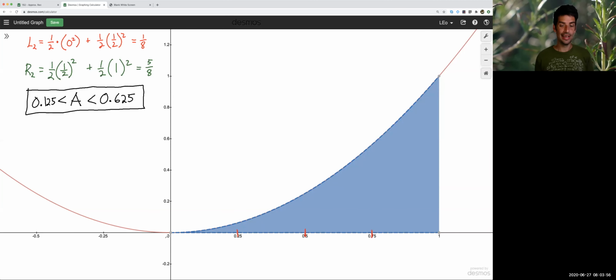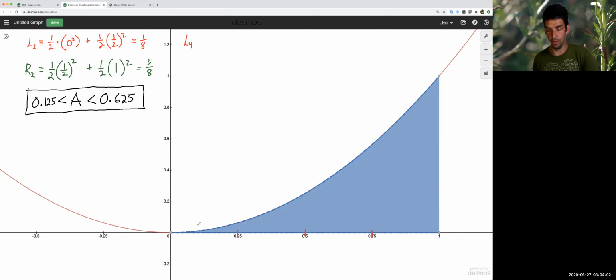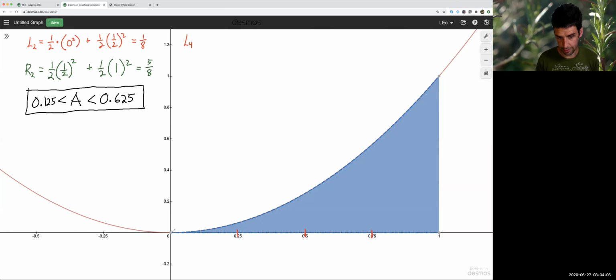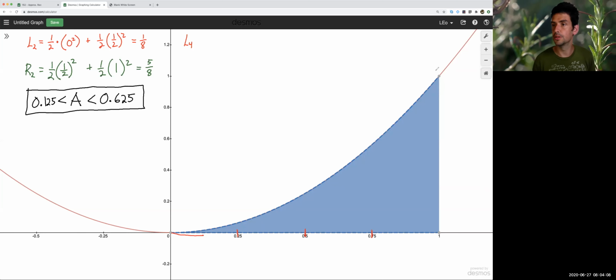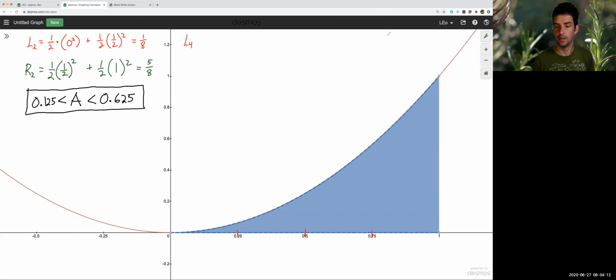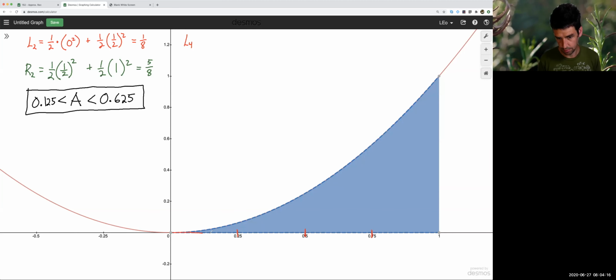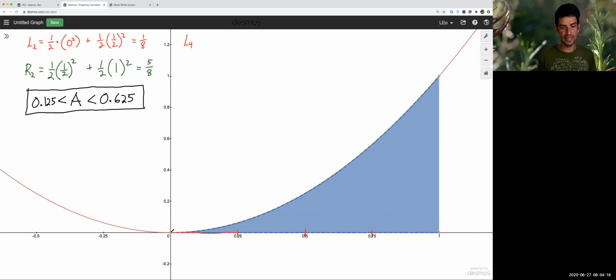Okay, exact same idea. We're going to do L4. Using the left-hand endpoints, I want to make 4 rectangles. So my first rectangle, the left-hand endpoint is at 0, so its height is right there.